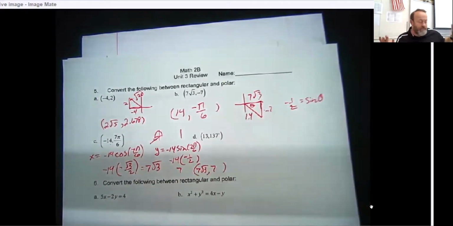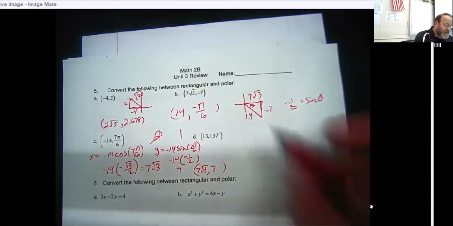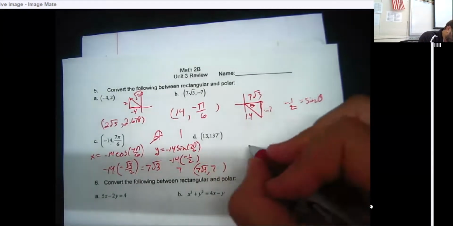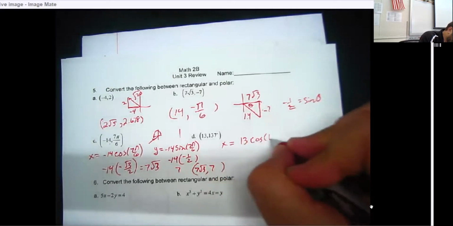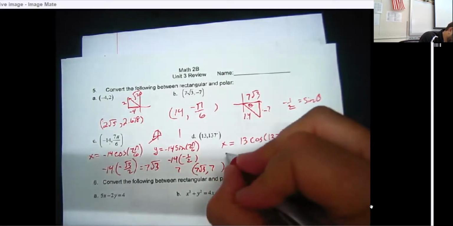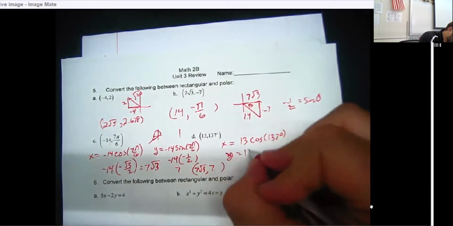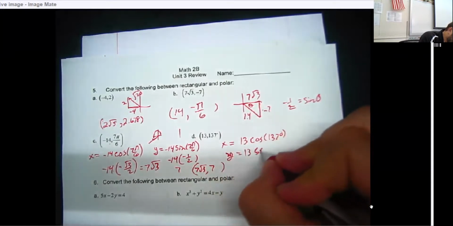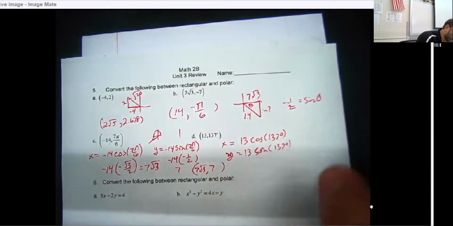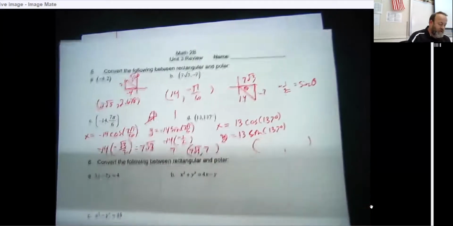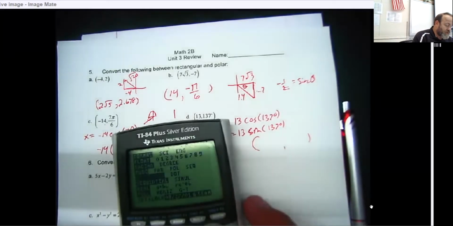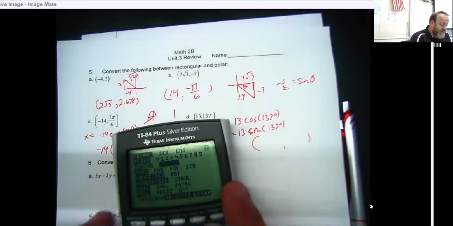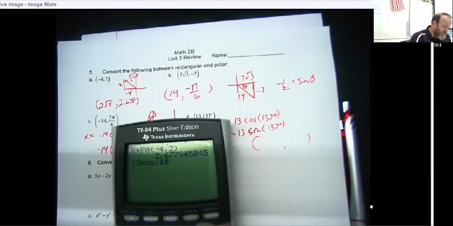That was pretty easy. And then last but not least on part 5, if my r is 13 and my theta is 137 degrees, all I have to do is grab my calculator, choose to go into degree mode, which it is, 13 cosine of 137.